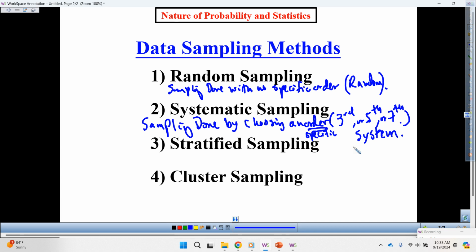Data sampling method number 3, called stratified. Stratified, ready? Okay. So my first group, when I call your name, stand up. All right, here we go. Samuel, Logan, Mario, Carter, stand up, guys.